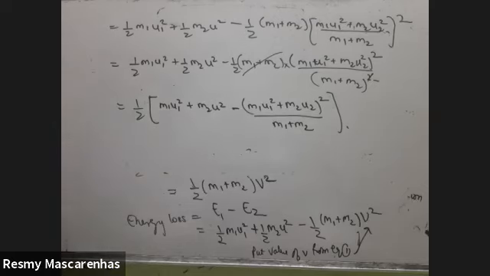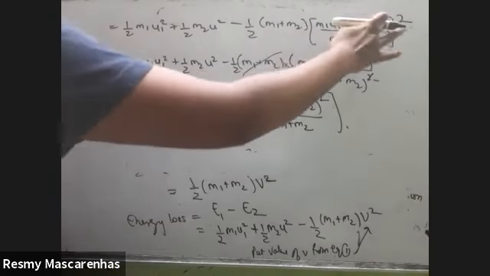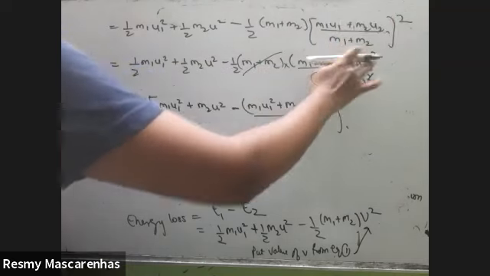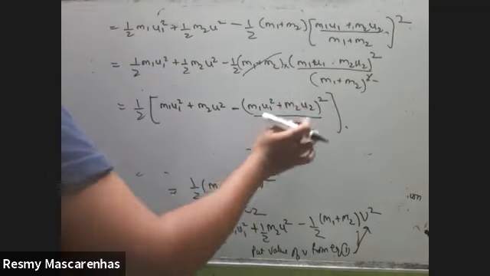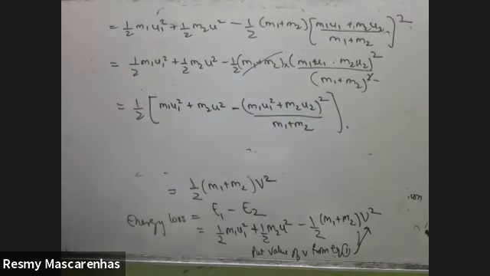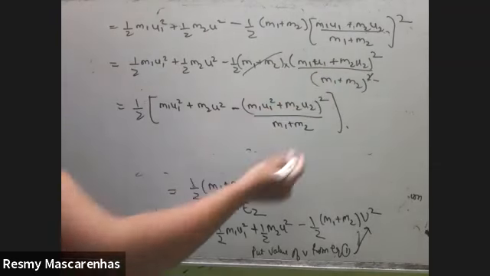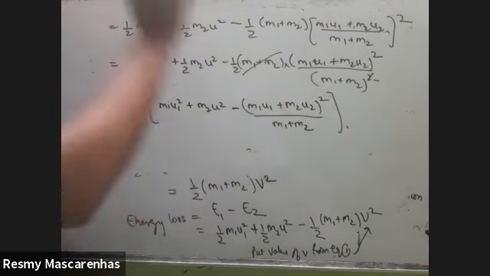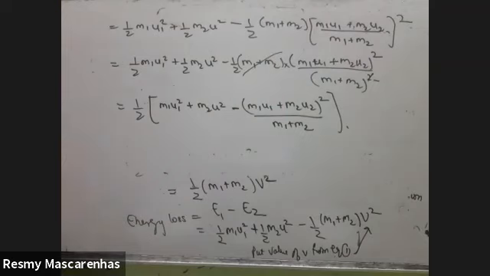This was for v, no? The v value was what? Just check, there was no square. For momentum there was no square for that.